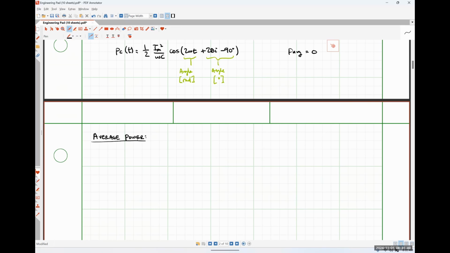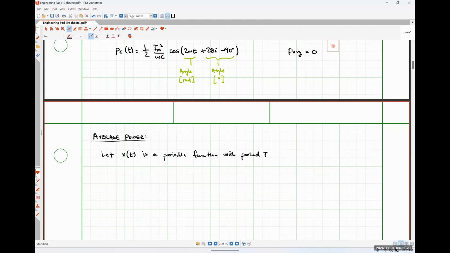So before we talk about average power, I want us to understand how we would compute the average value of any periodic function. Let's say that x of t is a periodic function with period capital T. So this could be a sinusoidal function that repeats itself every so often.